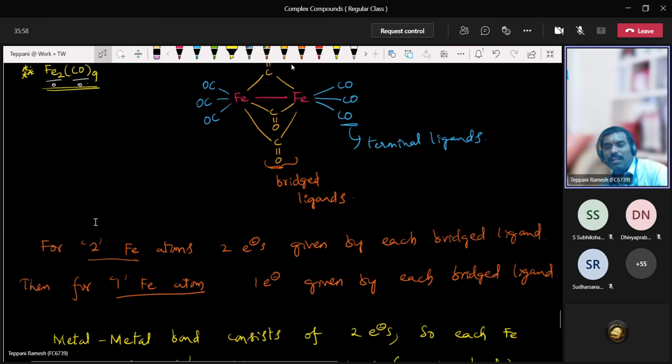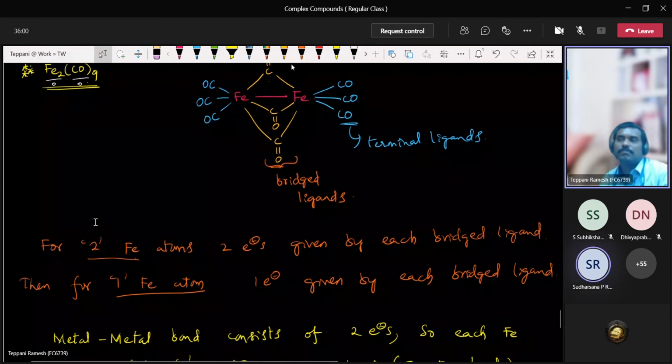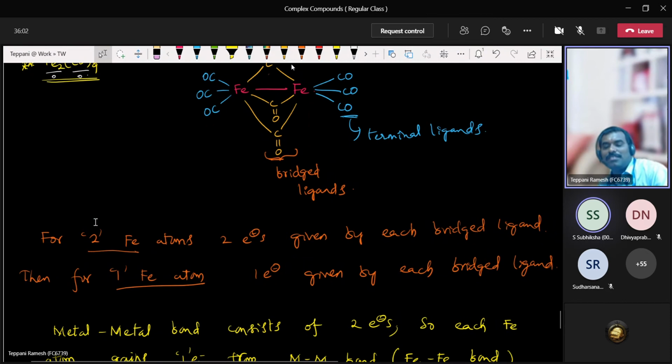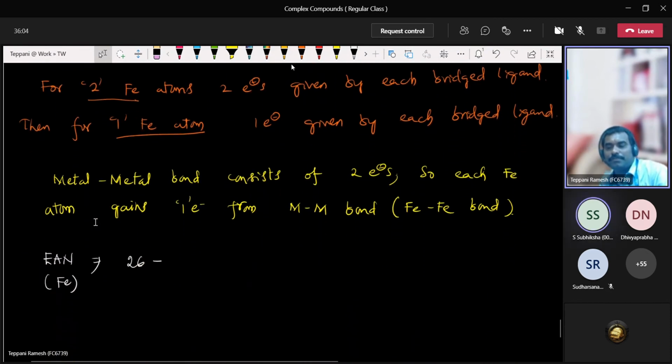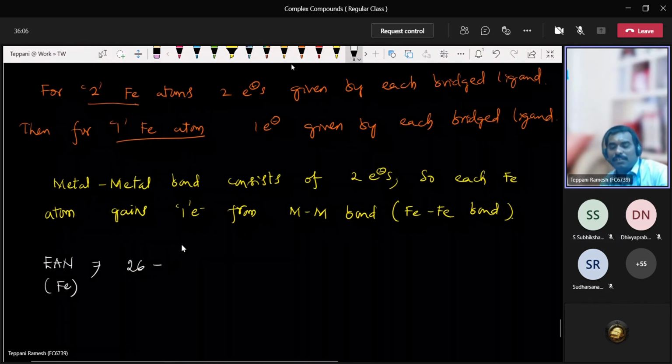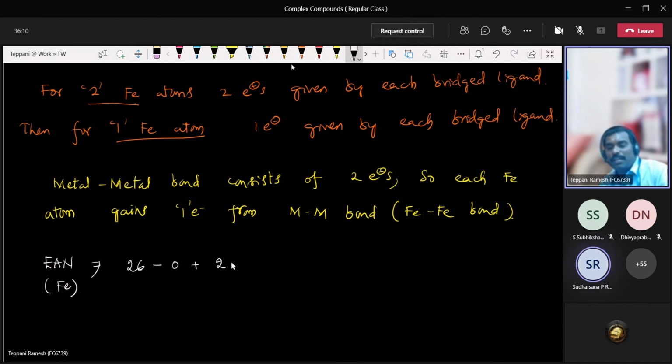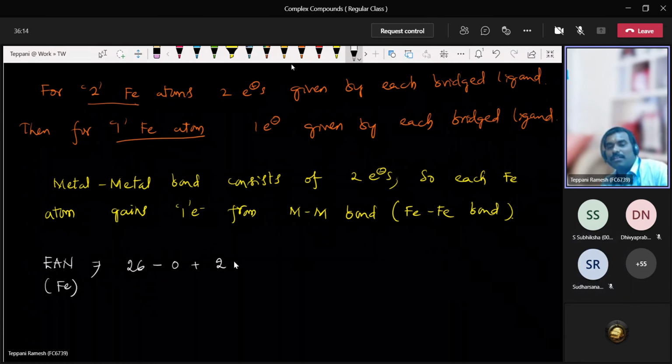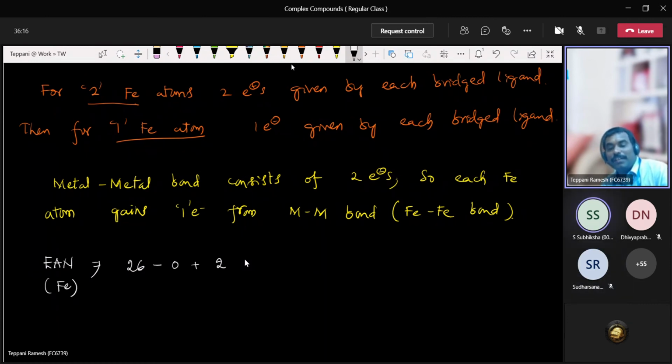CO is a neutral ligand or not? Then iron oxidation state is 0. Tell me here: 0 plus 2 into 2 electrons given by how many ligands? For 1 iron, 2 electrons are given by 3 ligands.